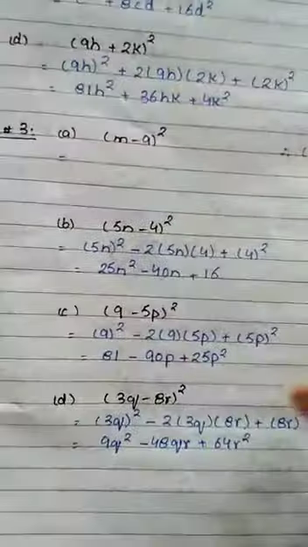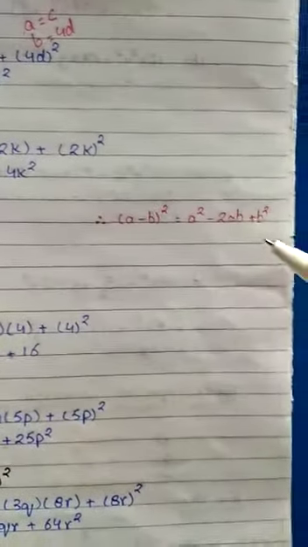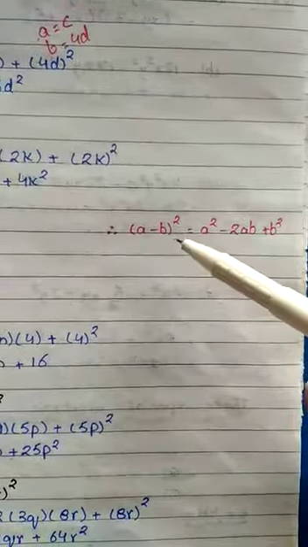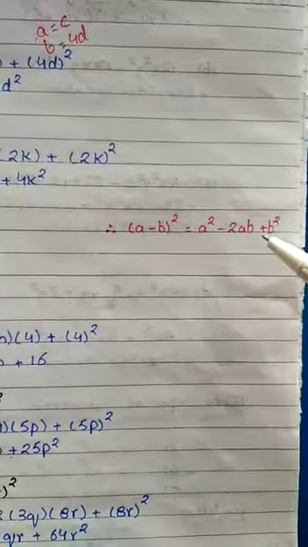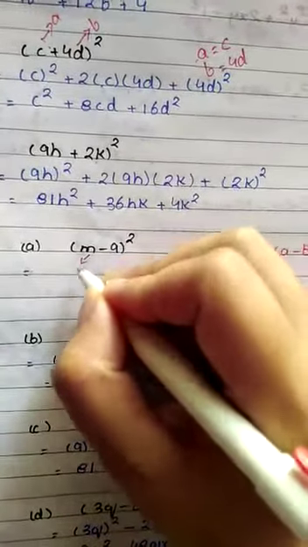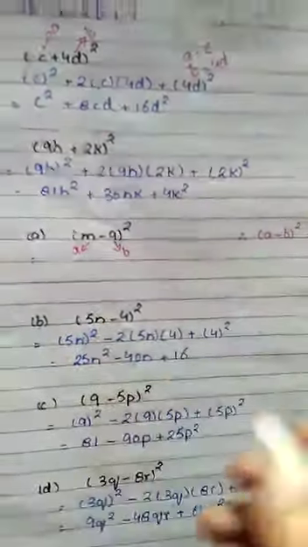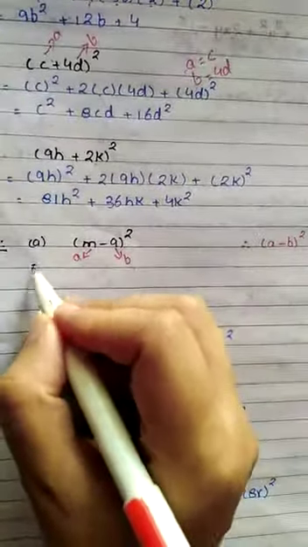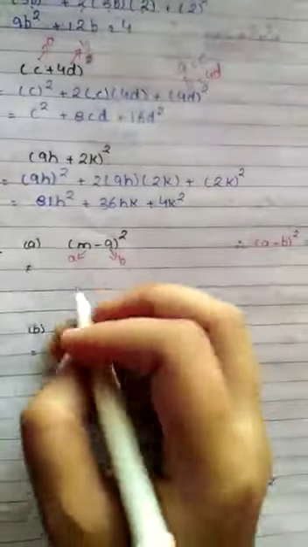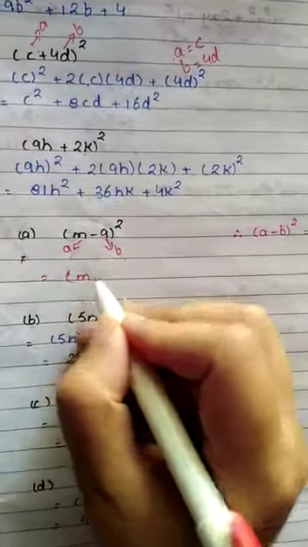Now look at question number 3. Now the expression is m minus 9 whole square. Okay, so here you will use the second identity, which is a minus b whole square is equal to a square minus 2ab plus b square. The first term denominates a and the second term denominates b. Remember, keep in your mind here the minus sign tells us that you will use the second identity.